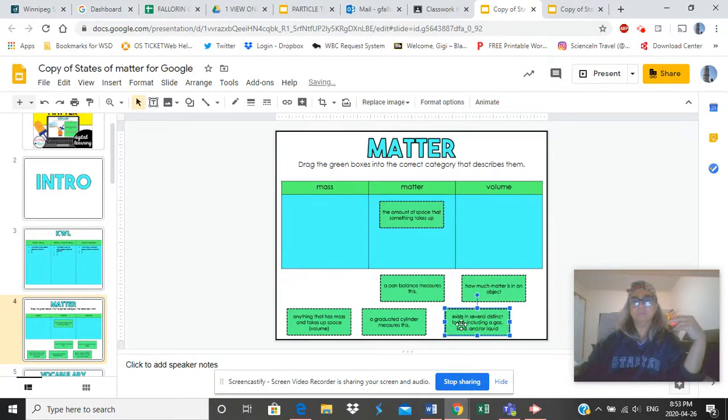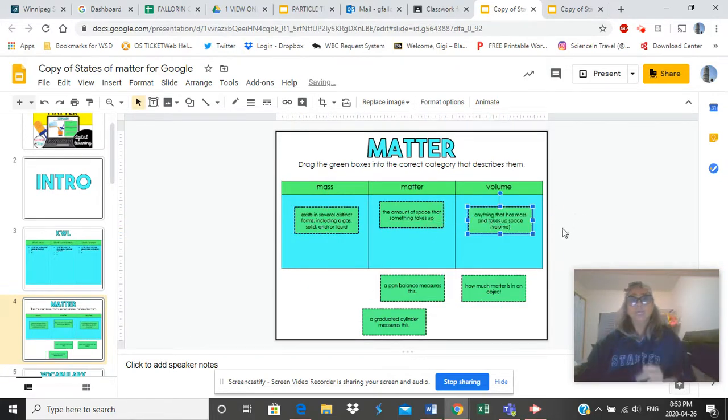Or this one, I think that's for mass, then put it there. So you decide. So give it a thought. Do not just guess. Try and make sure that if you drag in the boxes, then that means that those are your correct answers. And then next slide.